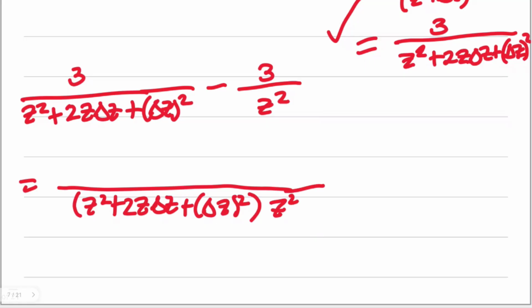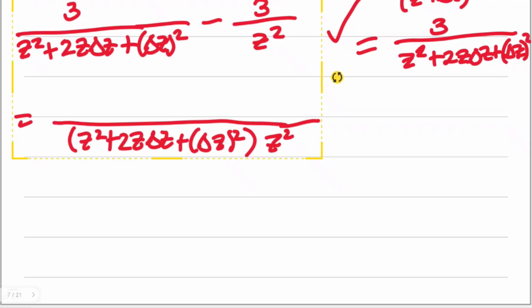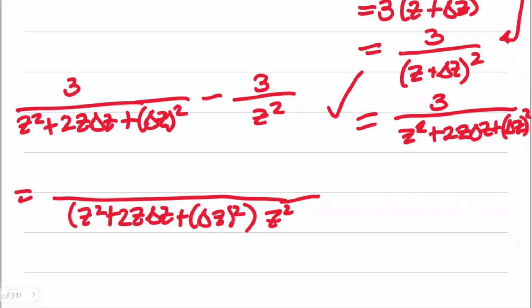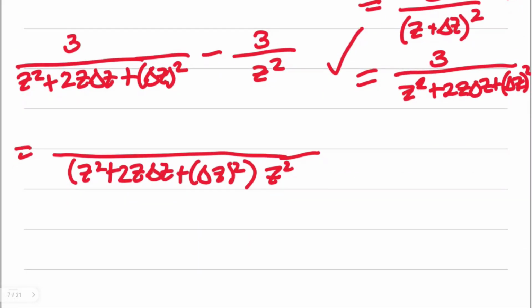Let's not multiply them this time. Let's multiply them later on, as we are going to do it together with our numerator. Because when you look at this, our expression in our numerator will also be different from this, since we are having equivalent fractions or rational expressions with the LCD.